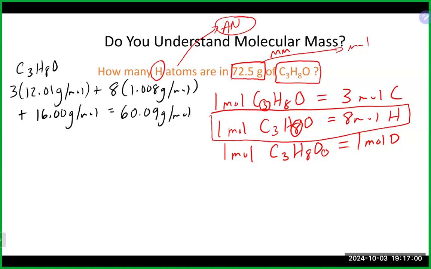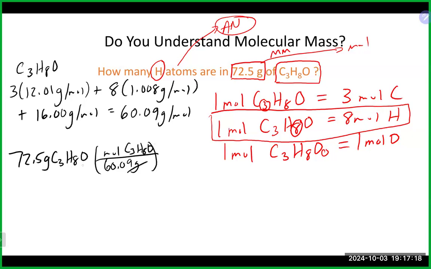So the first thing we want to do is take what they gave us, which was 72.5 grams of the entire thing. We want to use the molar mass, opposites cancel, which are grams, 60.09 grams per mole of the entire thing here. The grams are going to cancel at this point, and that's going to give me, if I get an answer, which again, you don't necessarily have to, but if you want to get an answer, 1.206.